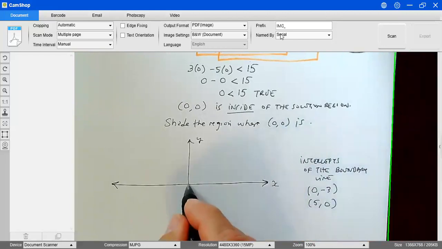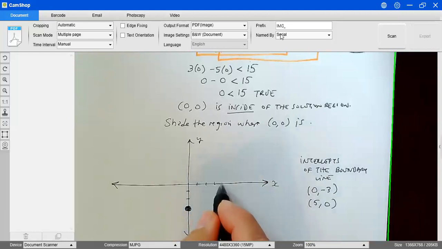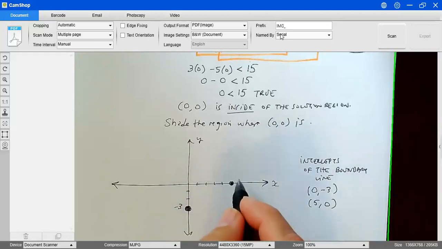So 0, -3: -1, -2, -3. That's the y-intercept. And 5, 0: 1, 2, 3, 4, 5, 0. So this is -3. This is 5.